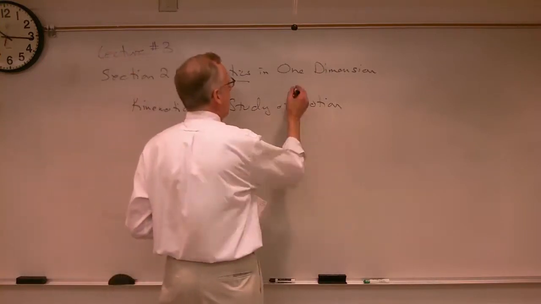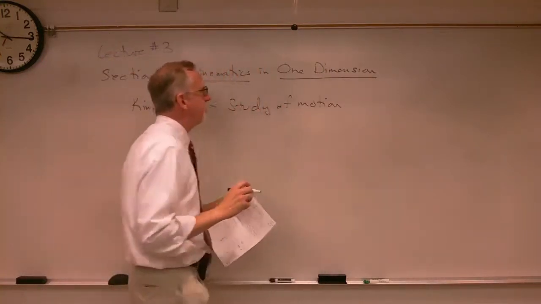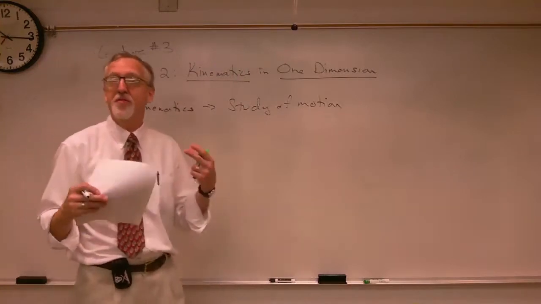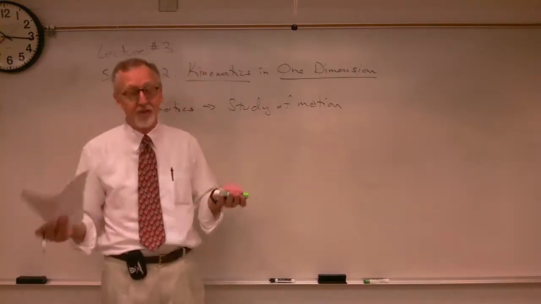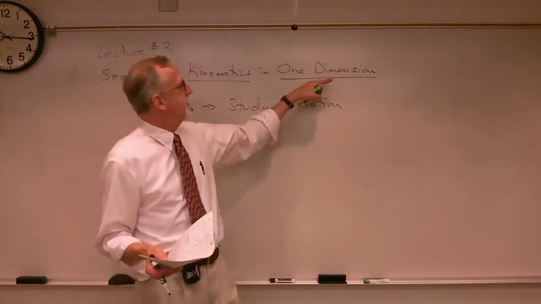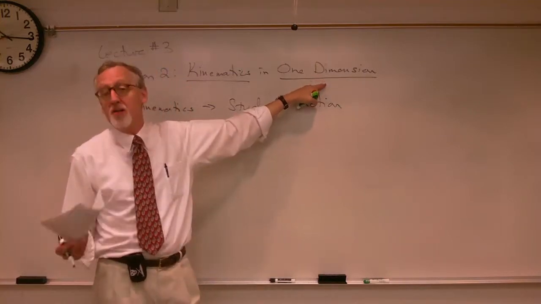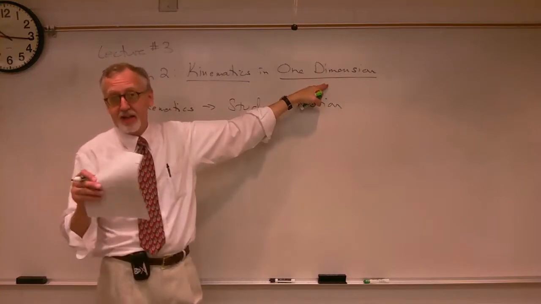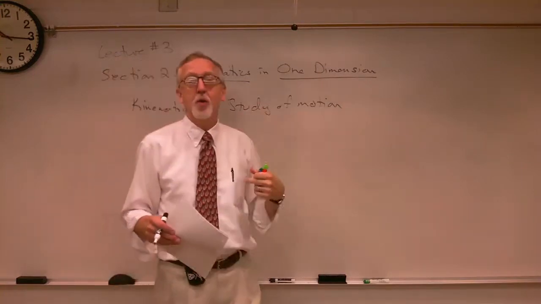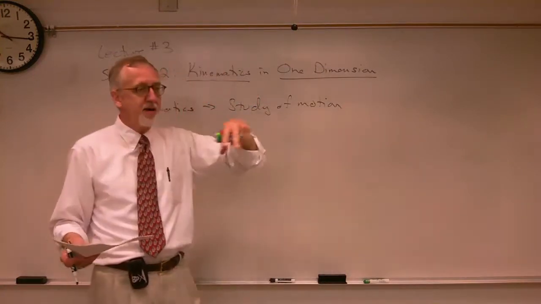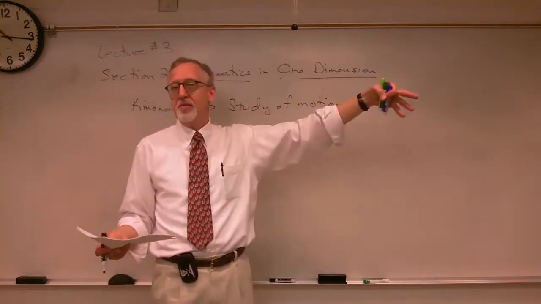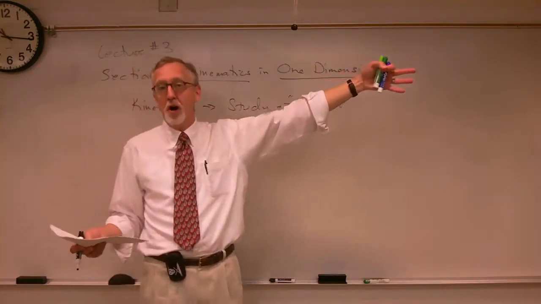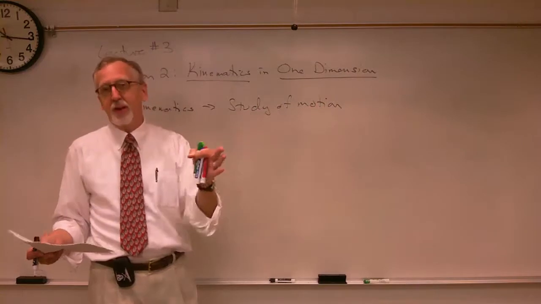We will start out with one dimension for several reasons. First of all, it's a very good approximation for many different kinds of motions. Anything that can be described basically with one variable to describe where an object is as a function of time is basically one-dimensional motion. If you're driving down a highway, basically all you're interested in is how far you've gone, not whether you're in the left lane, the right lane, or the center lane.